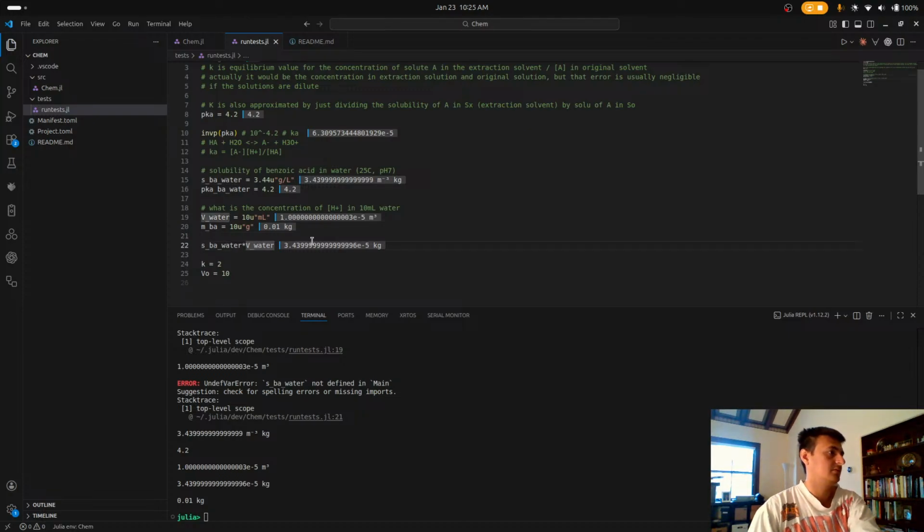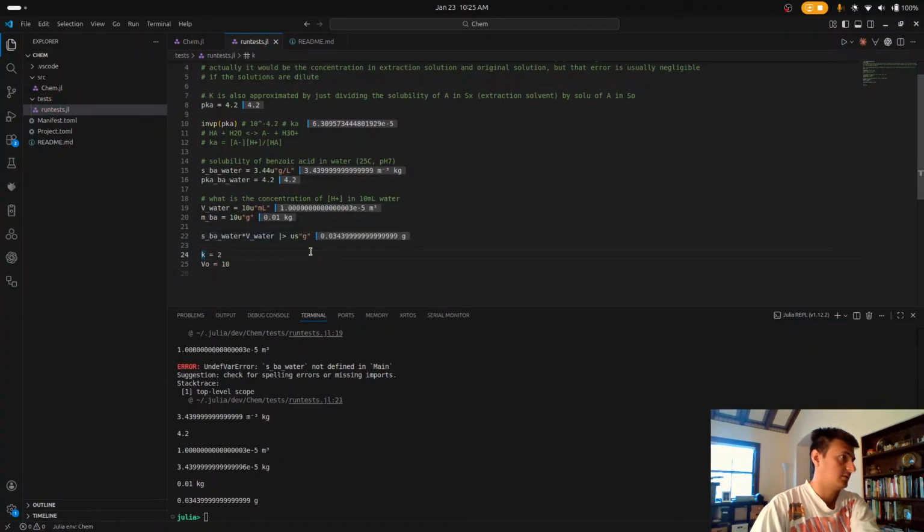So you should be able to do this, right? Okay, good. So 34 milligrams. Okay, so now we know we have 34 milligrams of BA, which is basically HA. And then we have 0 and then 0.